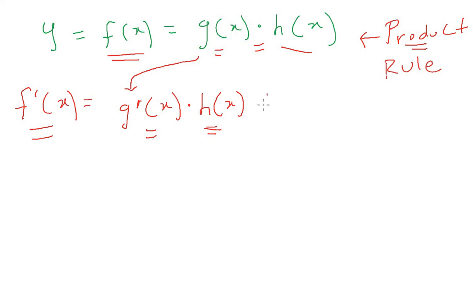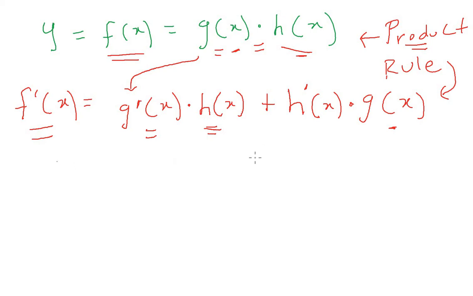We are not differentiating here. Now you put a plus sign and just do the opposite. Now you are going to differentiate the second function. So hx, this is being differentiated now, but now you cannot differentiate the first function. So the first function gx remains as it is. And this is the idea of product rule. This is the product rule. So when can you apply this particular idea?